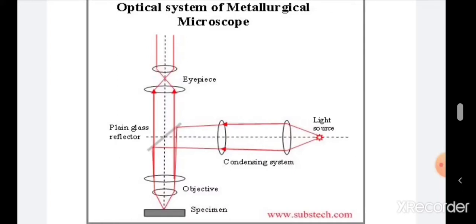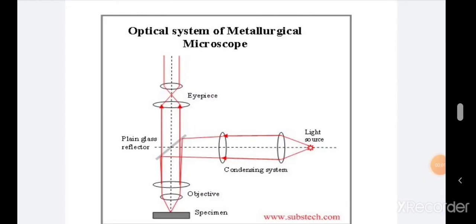So basically, the optical metallurgical microscope works on reflection of light coming from the workpiece. In the next section, we will learn the different hardness testing machines.